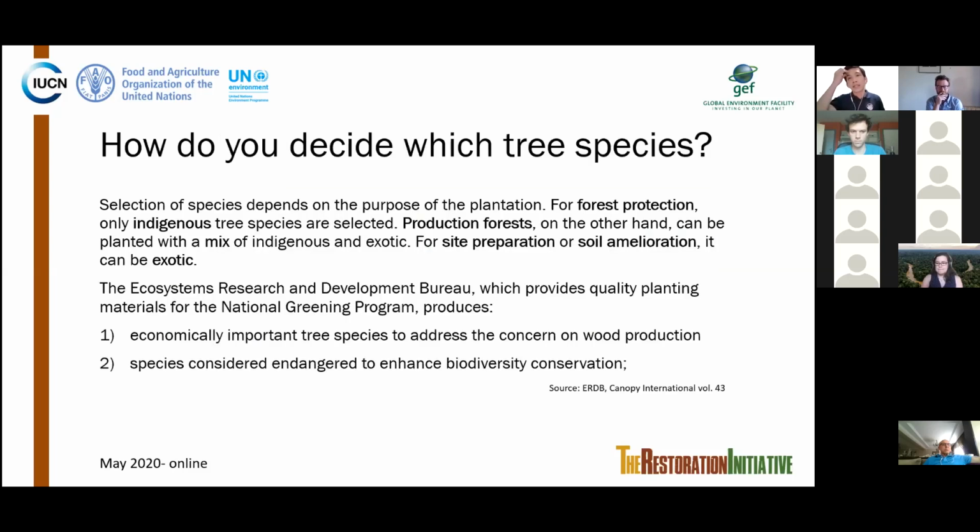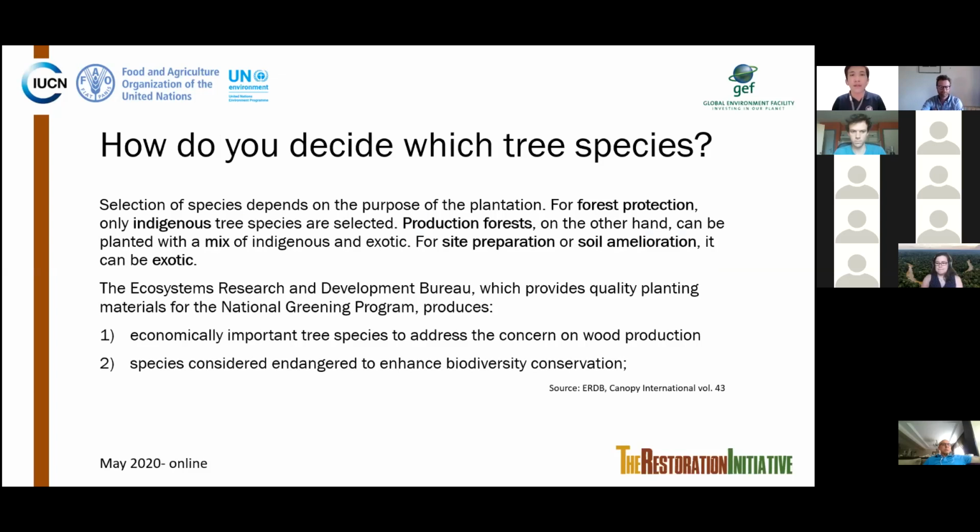So in deciding the tree species that we plant within the areas, within the forest types that you saw earlier, basically if the plantation will be developed for production purposes, it means that there would be communities that would have to depend on or utilize the forest products within the area.